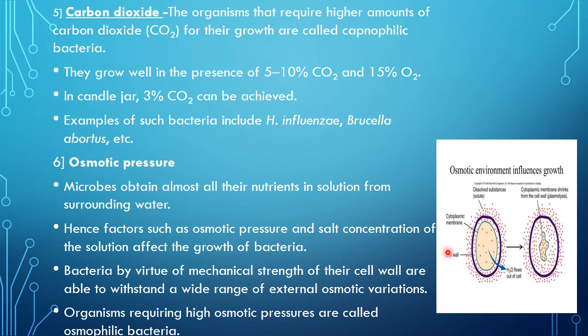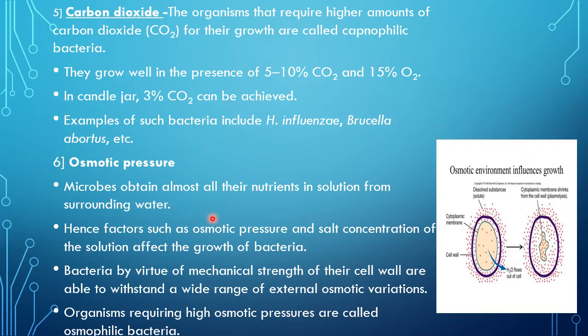As you can see in the picture, this is a cell, and the solute concentration is different outside as well as inside. When there is a difference in solute concentration, a force is exerted on this cytoplasmic membrane. The water or solution from outside exerts a pressure on the cytoplasmic membrane, which is called osmotic pressure.